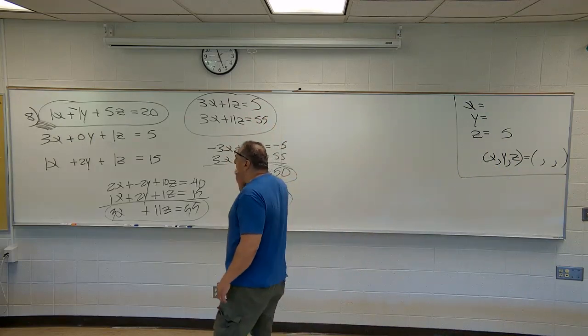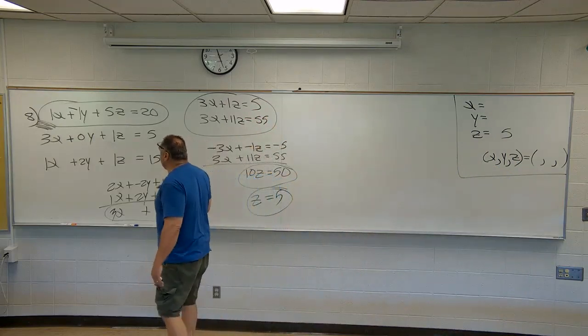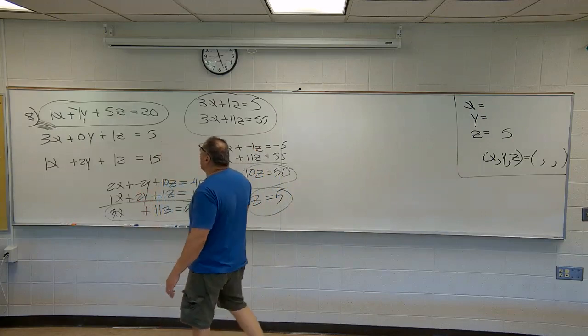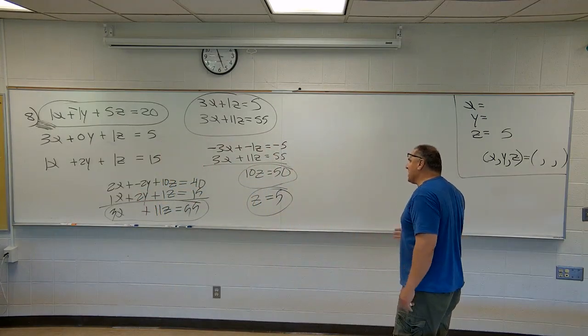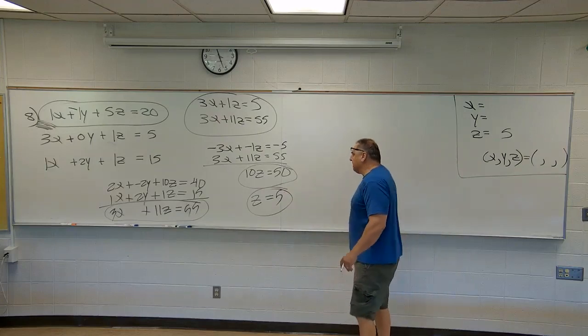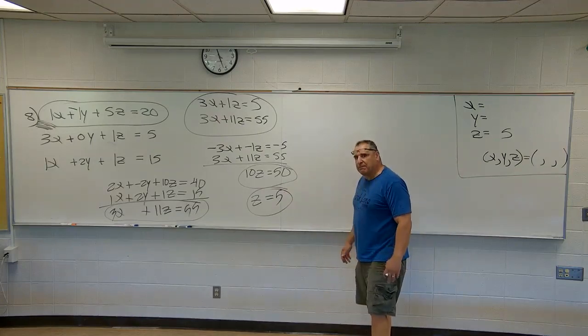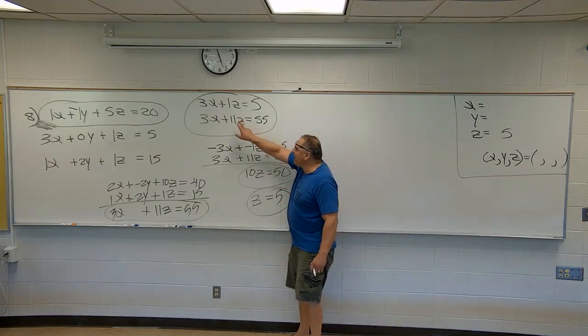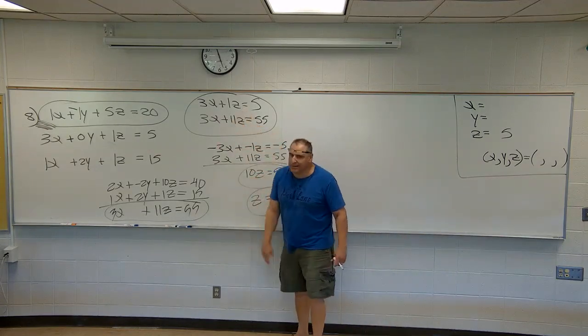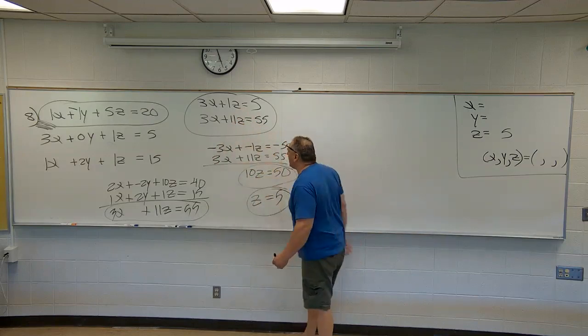The big thing here was you found where something could be. There's a lot of discussion, and I wish we were face to face talking about this. It's pretty fascinating stuff. But z equals 5. Put z equals 5 right here, or right here, it doesn't matter. For the heck of it, let's put it right there.